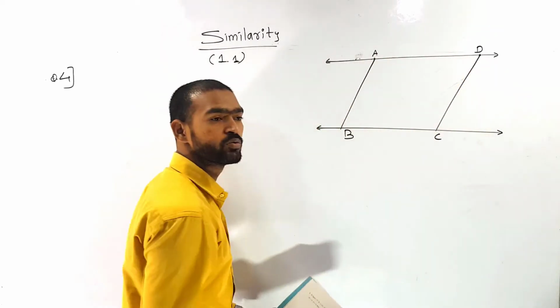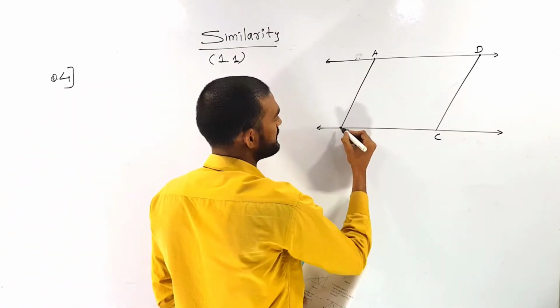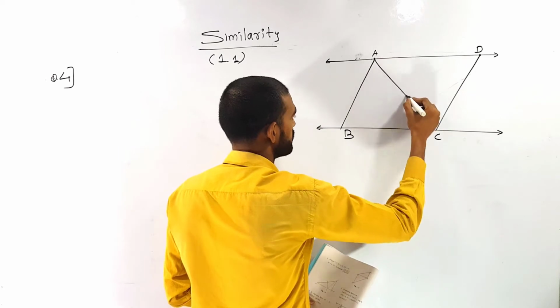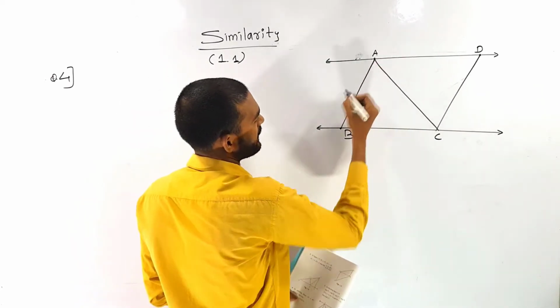AD is parallel to BC. And one triangle, ABC. This is the first triangle, ABC.